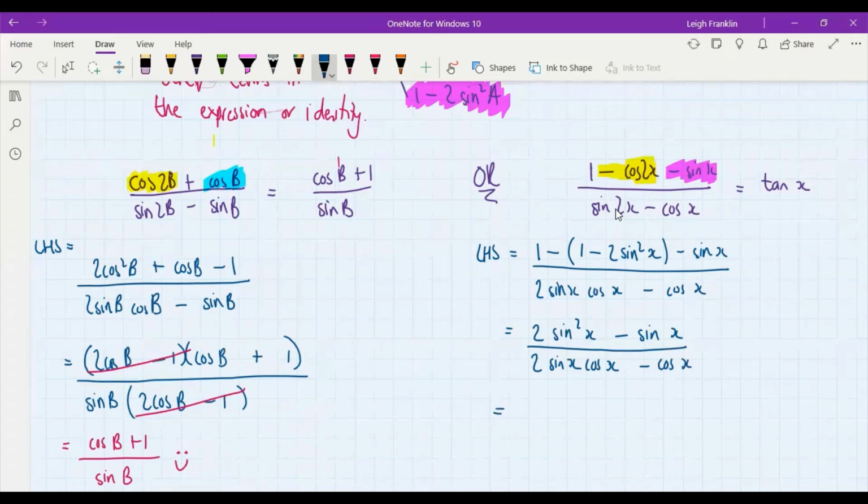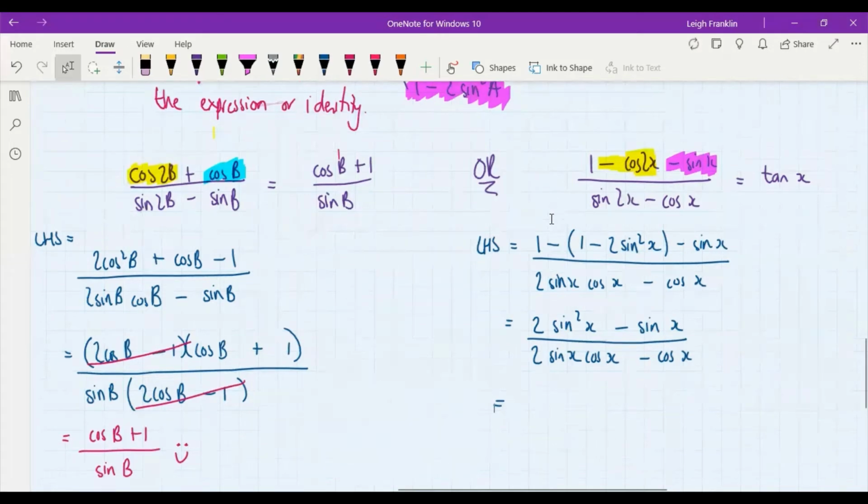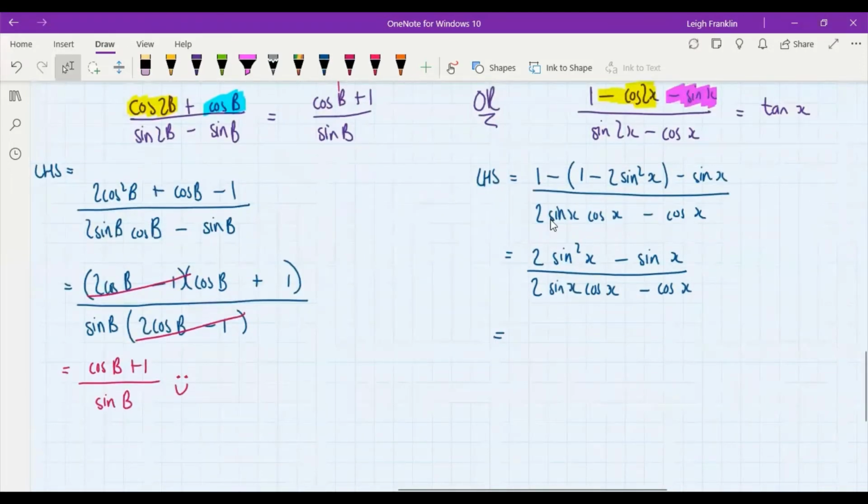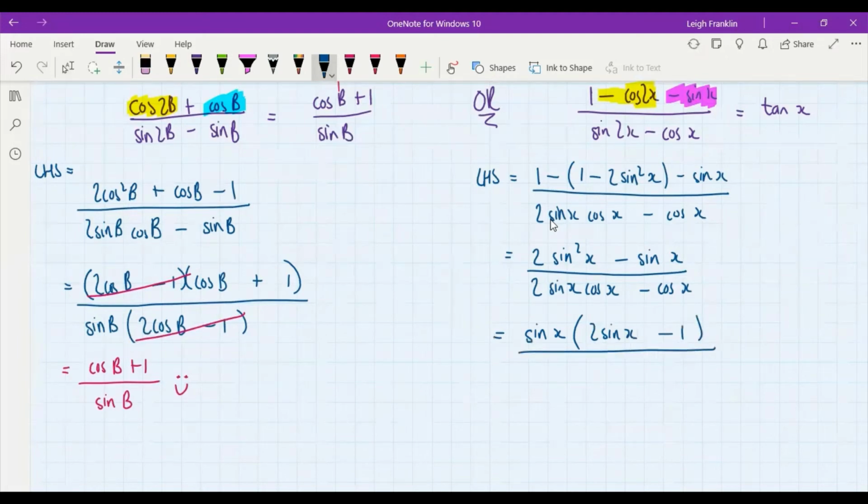Okay, remember we can't cancel over plus and minus signs, so our next step is to factorize. At the top, we can only take out sine x, no trinomials here. So this gives us 2 sine x minus 1. At the bottom, we can only take out cos x. And again, this gives us 2 sine x minus 1.